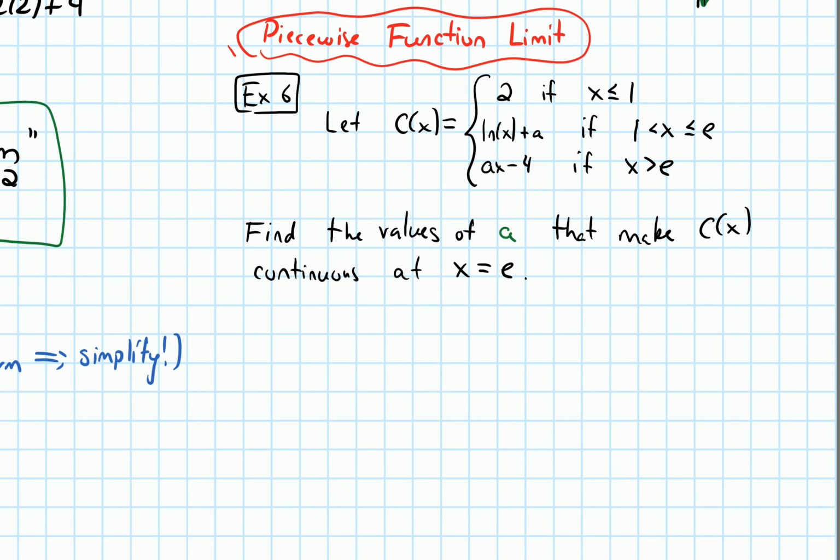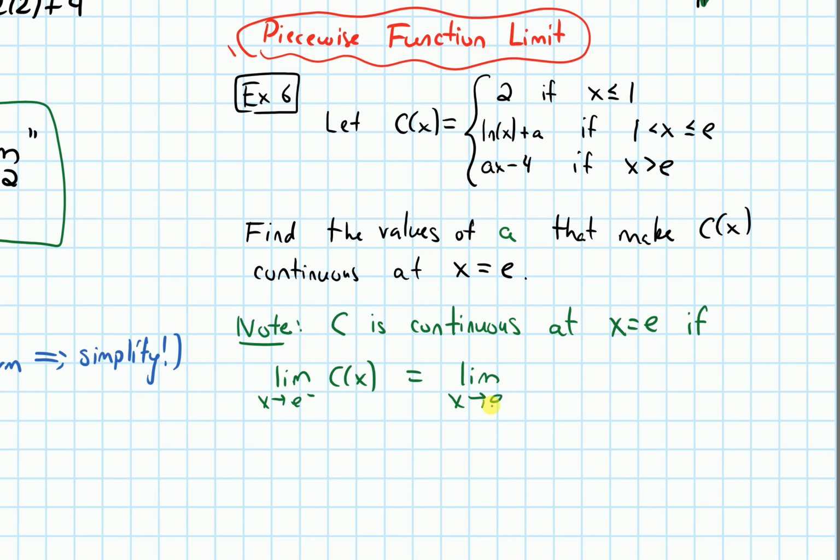The first thing that I want to note is what it means for a function to be continuous at a point. So c is continuous at x equals e if the limit as x approaches e from the left of c of x equals the limit as x approaches e from the right of c of x, and this needs to also be equal to c of e.